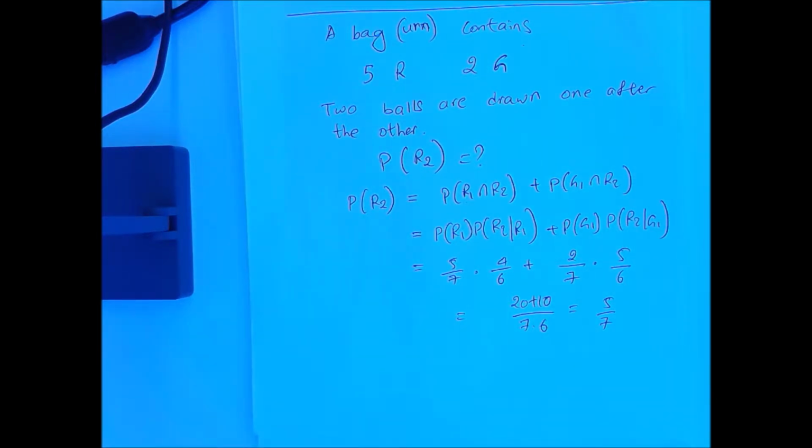Every ball is equally likely to be picked as a second ball, because we're not doing any partiality. So since there are 5 red balls, the probability that the second ball is red would be 5/7. That's how we confirm there's another way of calculating the same thing. In this example, every ball is equally likely to be picked as a second ball.